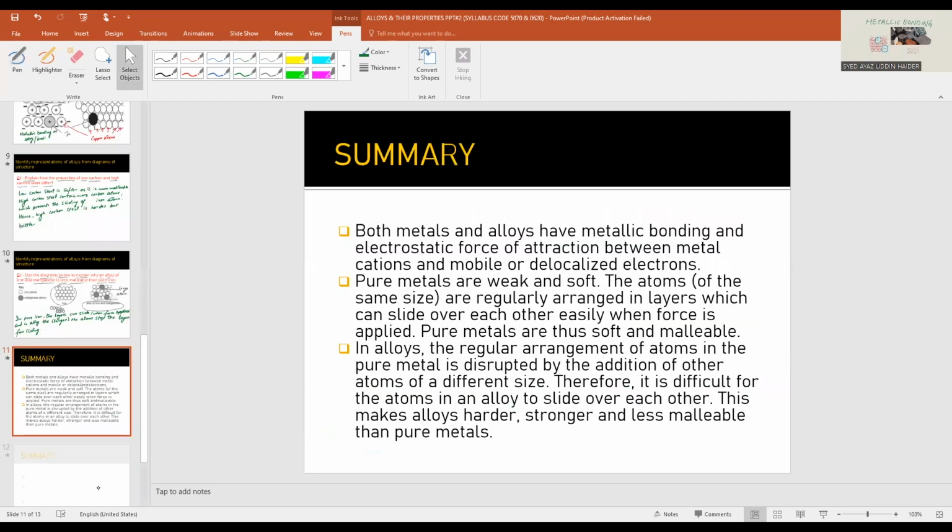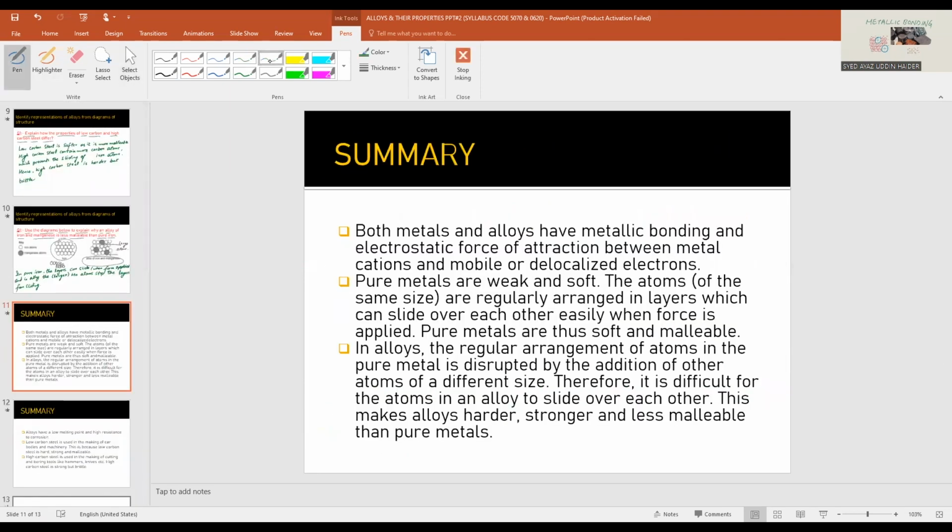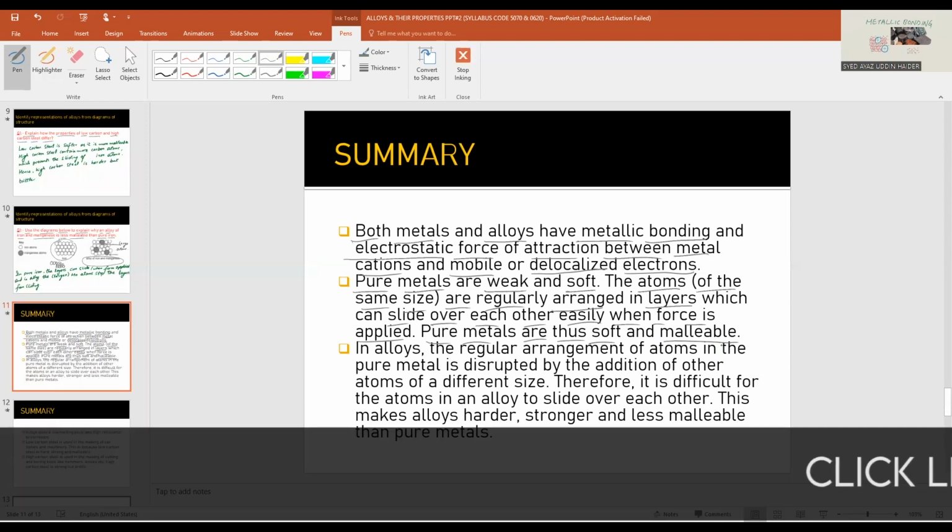So here's the summary of this video lesson. Both metals and alloys have metallic bonding and electrostatic force of attraction between metal cations and mobile or delocalized electrons. Pure metals are weak and soft. The atoms of the same size are regularly arranged in layers which can slide over each other easily when force is applied. Pure metals are soft and malleable.